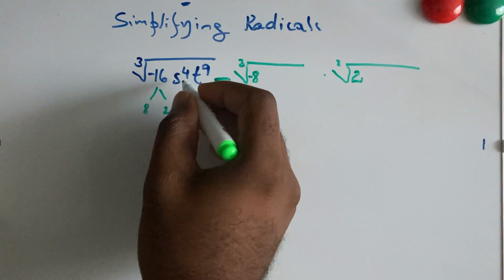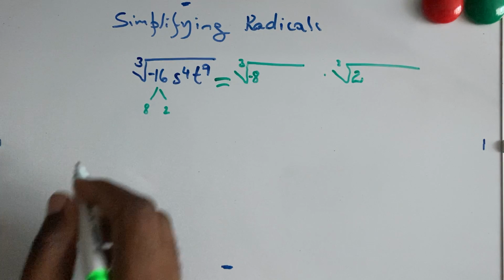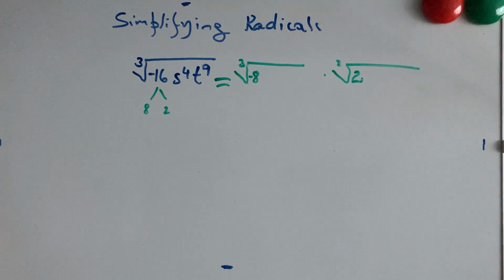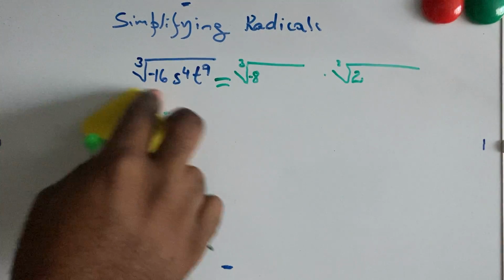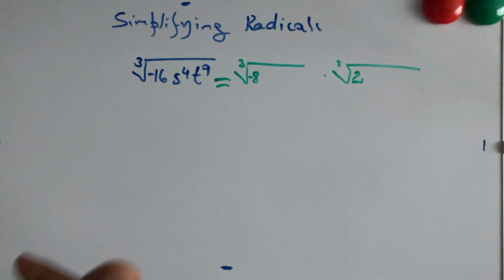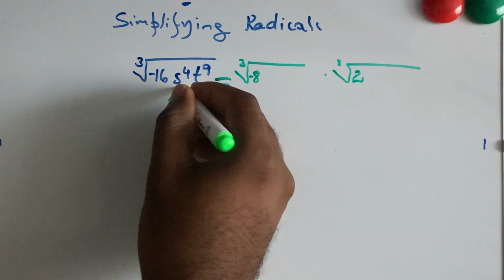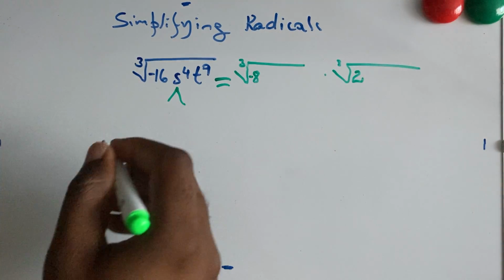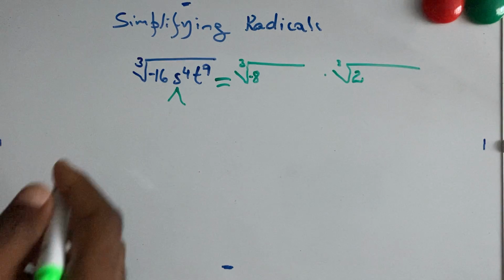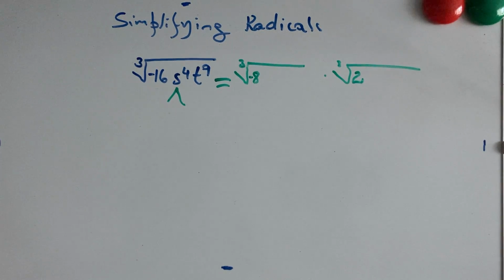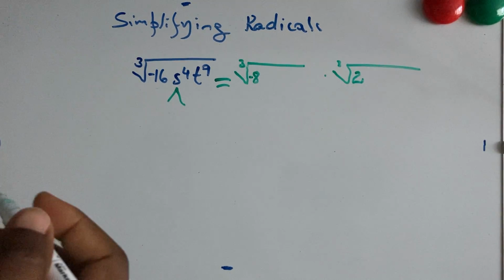Now, how about s to the 4th? I need something that's divisible by 3. Okay? It's 4. Since 4 is larger than 3, and I know whenever you multiply two variables of the same base, you actually add the exponents.